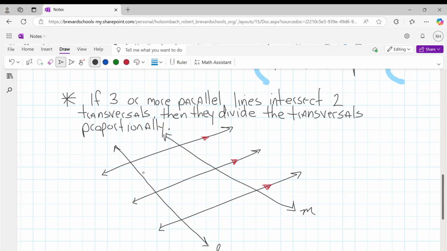What that means is if we label these vertices going down this left side, ABC, and then going down the right side, DEF, then this segment AB over BC is equal to, what's AB over BC going to be equal to?